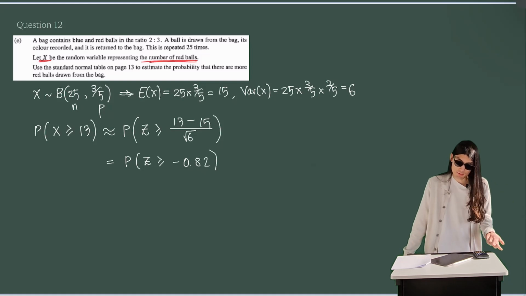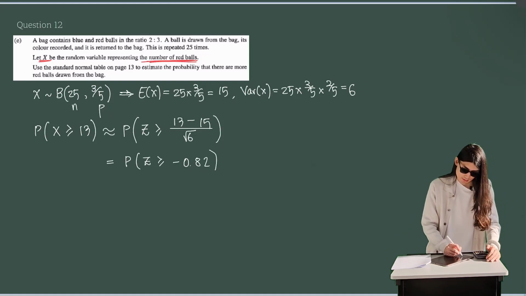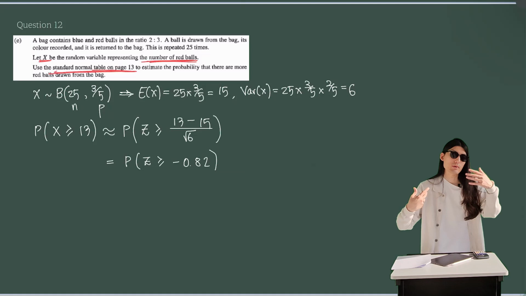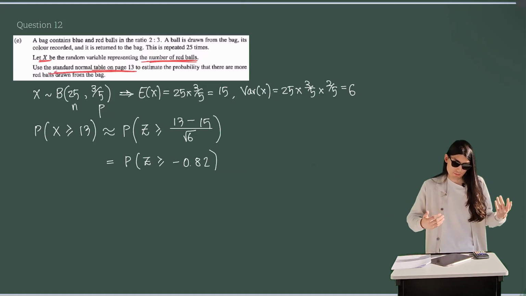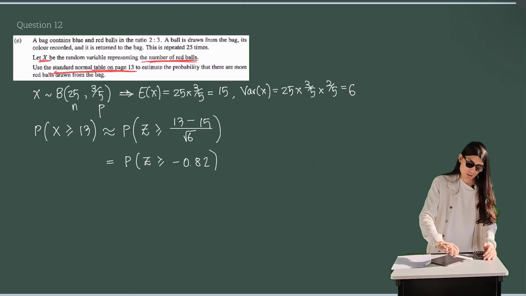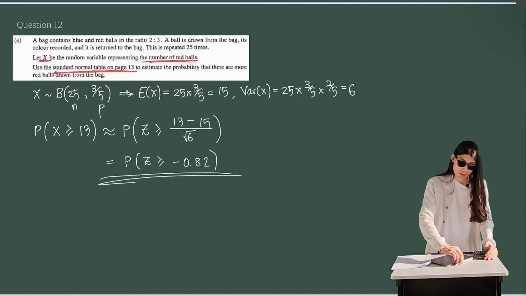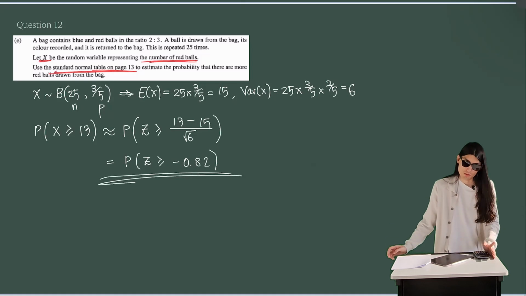And the rest of the job is now to just go to the standard normal table on page 13, they say. Well, it looks like in this paper it was on page 13, but again, just whatever standard normal table you are provided with, right? Use the table to figure out what this is equal to, and then you're done with the question.